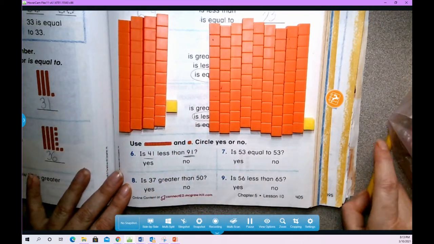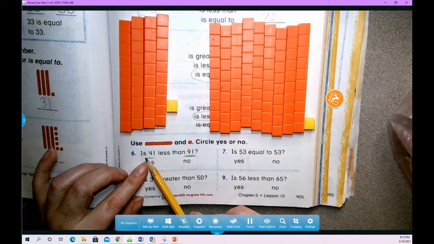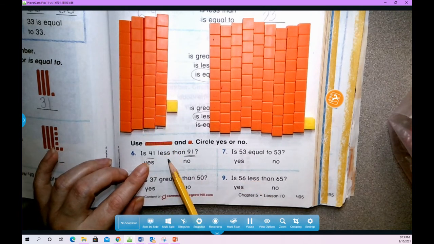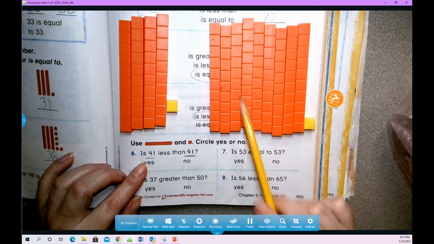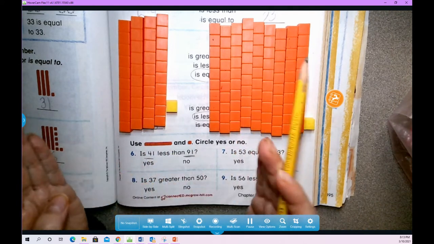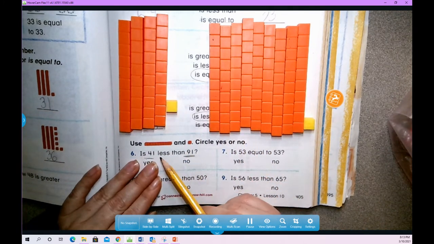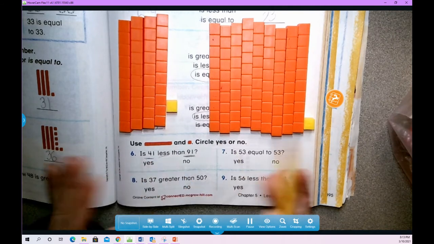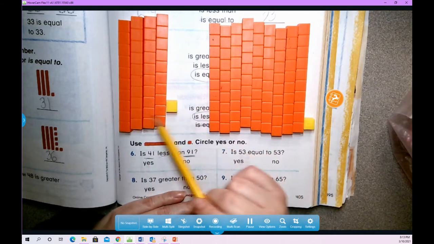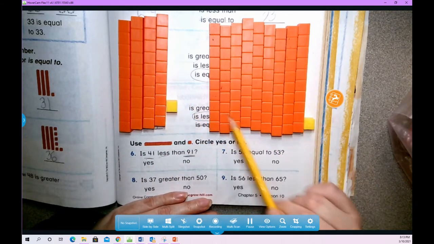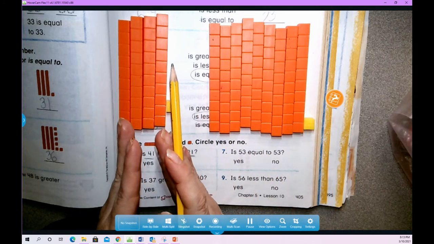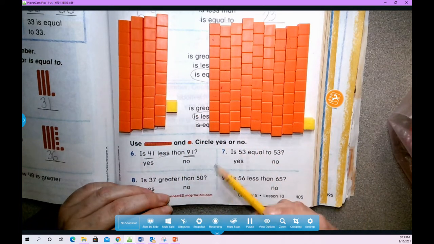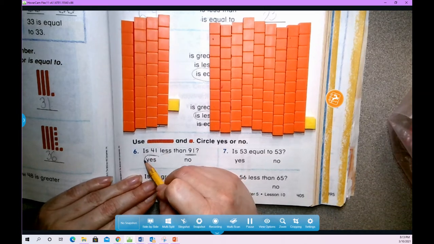Okay. So the question says, is 41 less than 91? So is 41 smaller? Remember, less than means smaller. Is this number smaller than this number? Is it less than? Yes, it is less than.